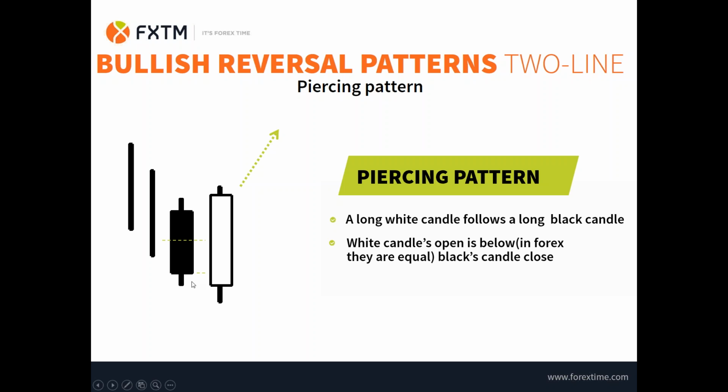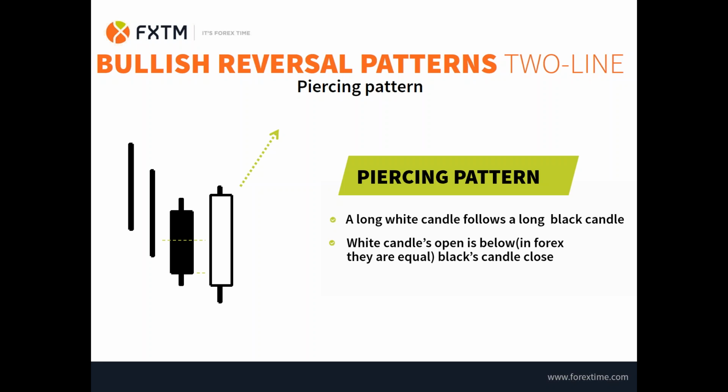So the open of the white one is lower than the closing price of the previous black candle. Now, in foreign exchange, they are equal, right? Because more or less in foreign exchange, the price is continuous, where one candle closes, then the other one starts, right? Begins.